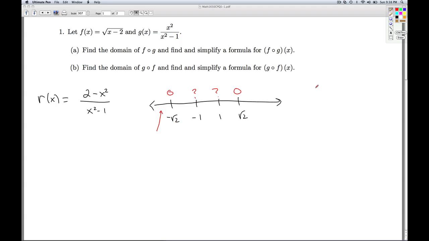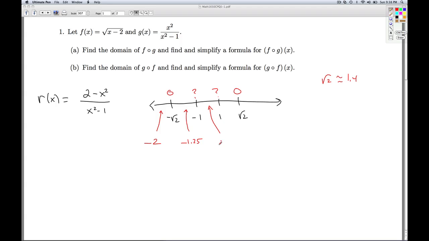Pick a number less than negative square root 2. Well, square root 2 is roughly 1.4 something. So negative square root 2, I could pick, say, negative 2 over there. That's a tighter squeeze, something between negative 1 and negative square root 2, say negative 1.25.